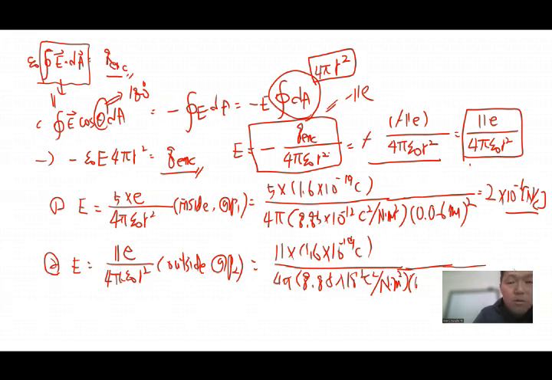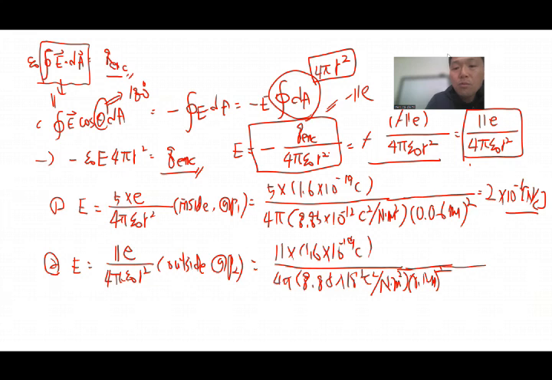So the electric field at P2 is 1.1 times 10 to the 6 newtons per coulomb. Okay, that is the answer for 23-3.